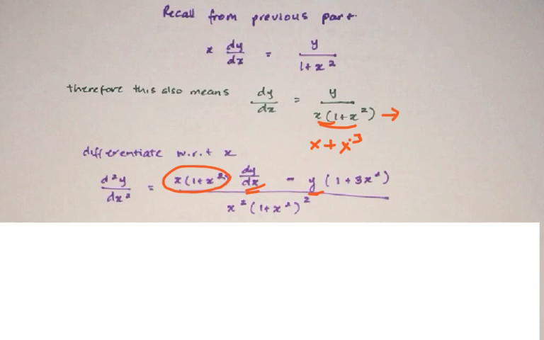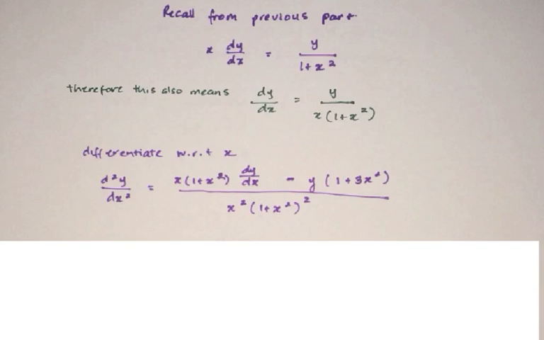So essentially we're finding the derivative of x, which is 1, plus the derivative of x cubed, which becomes 3x squared. And then on our denominator, it's going to be v all squared. So that's x squared and 1 plus x squared all squared. So this is my denominator here.